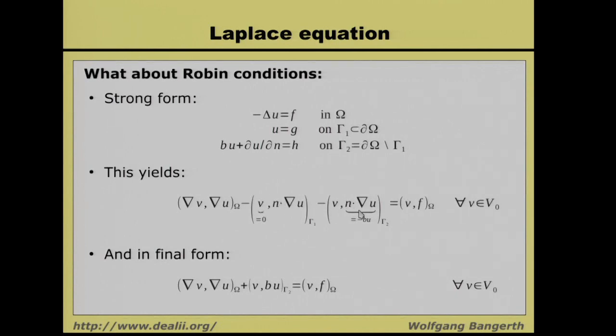And for the other term, I get that n dot gradient u is, well, I should have put a 0 here, then it is equal to h minus bu. So if I do this, then it stays on the left-hand side with a plus sign, and the solution variable actually reappears in the boundary term. So in that case, my weak formulation just involves a boundary term that involves u.